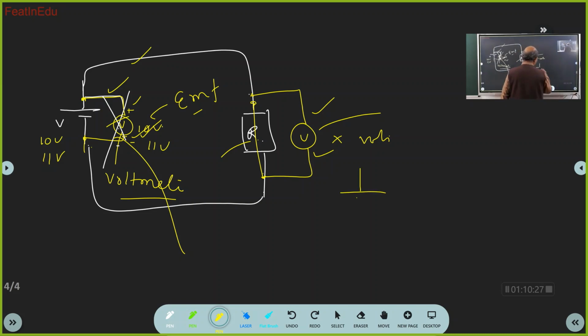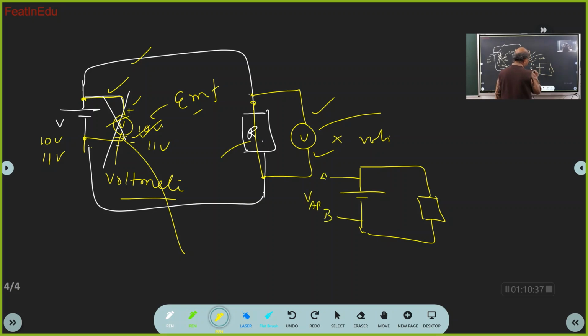Now, quickly. In the previous circuit that I had drawn here, I said the potential difference between this point A and B is VAB. And the same potential difference comes across this. One way is physically this is connected by this wire, and this wire does not have a resistance.